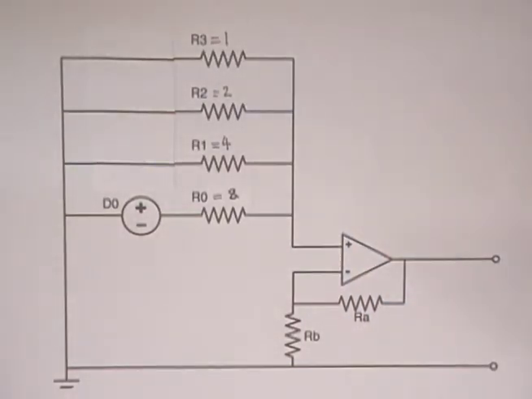By now you should all be thinking, when you see a bunch of resistors in parallel, formulate the problem in terms of conductance. Let's quickly review the voltage divider relation in terms of resistance and conductance.